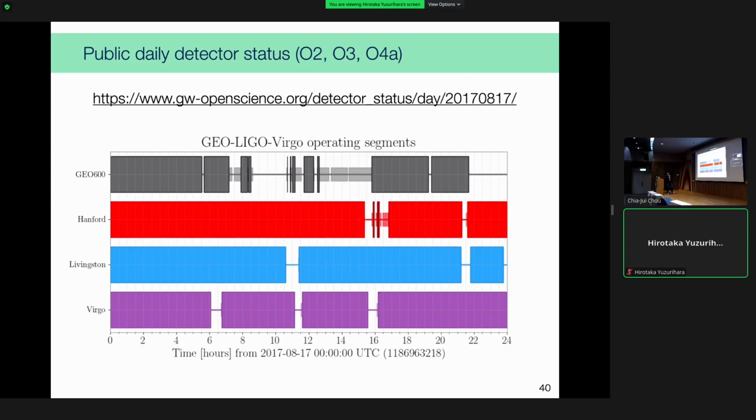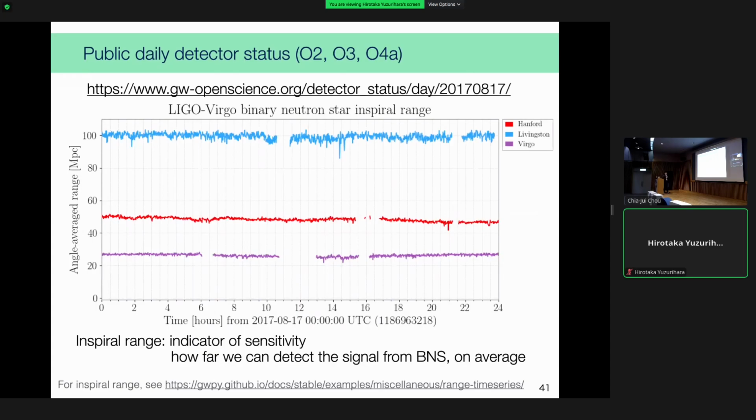This bar indicator shows the detector is in science mode. And this is a time series of the inspiral range. The inspiral range is one of the indicators of how sensitive the detector is.